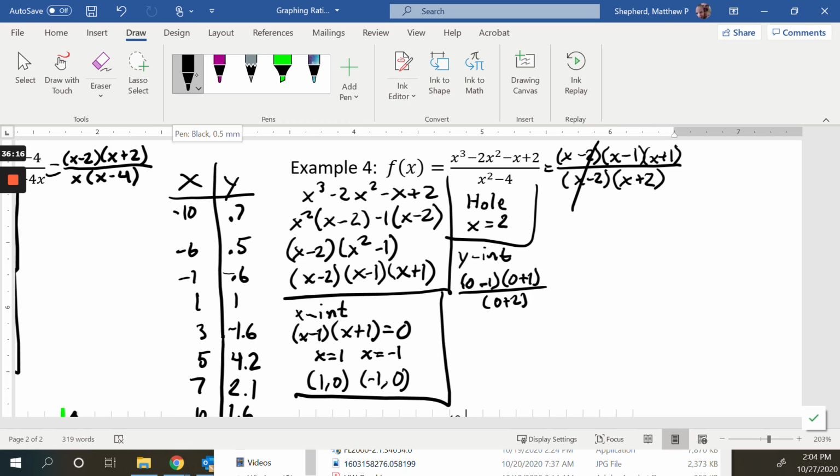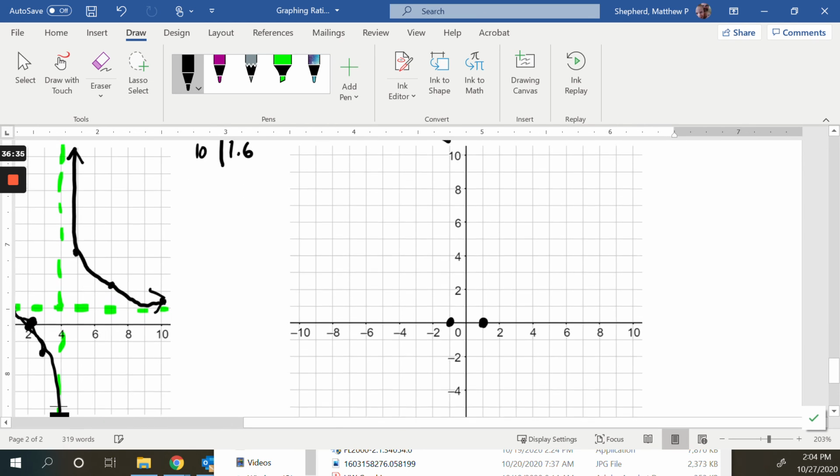So we're going to get a negative 1 times a positive 1, which will be a negative 1, all over 2. Okay, so when x is a 0, y is a negative 1/2. And there's our y-intercept.